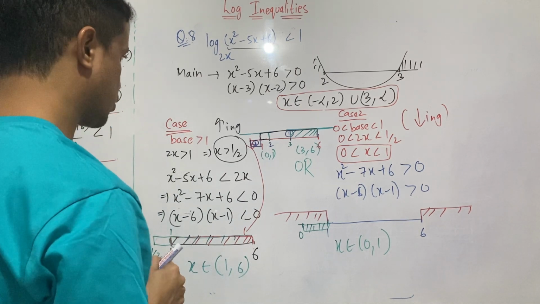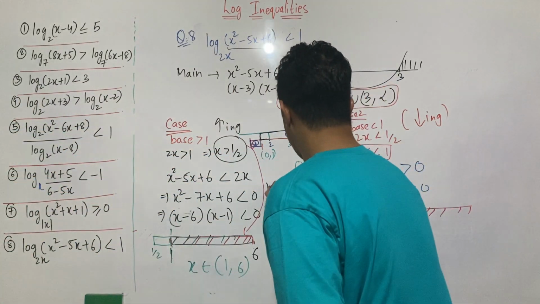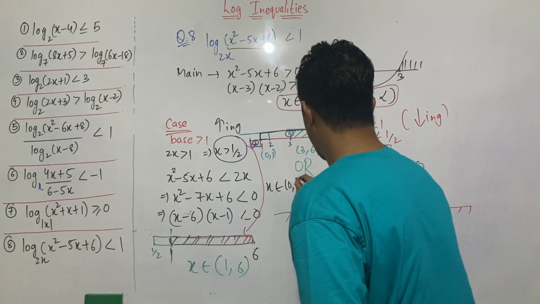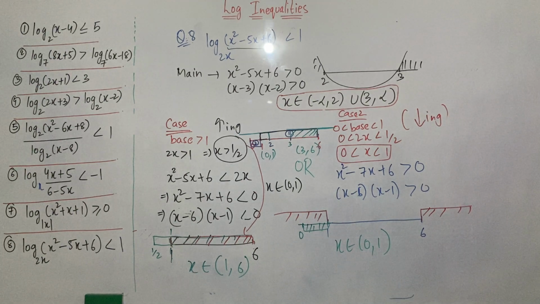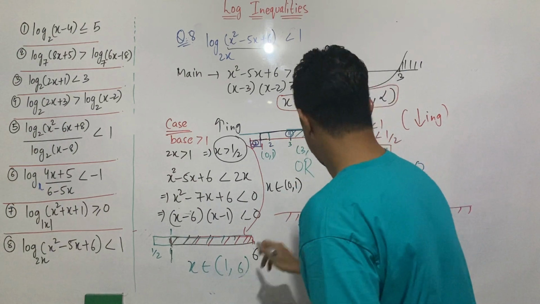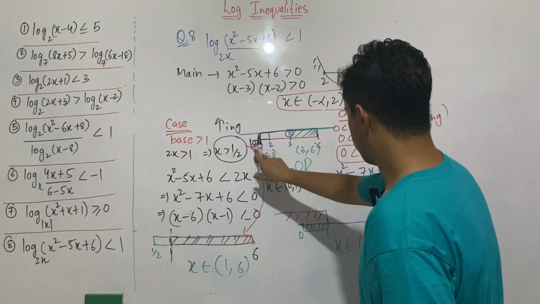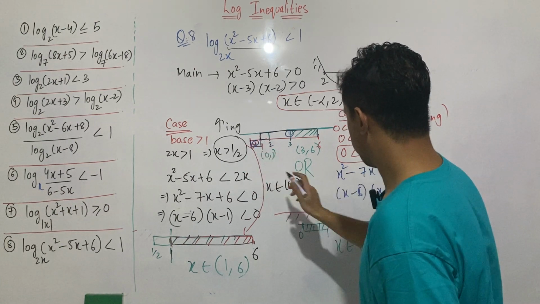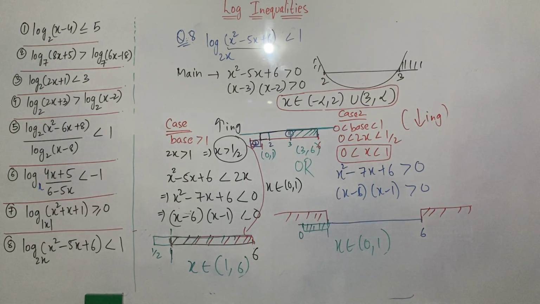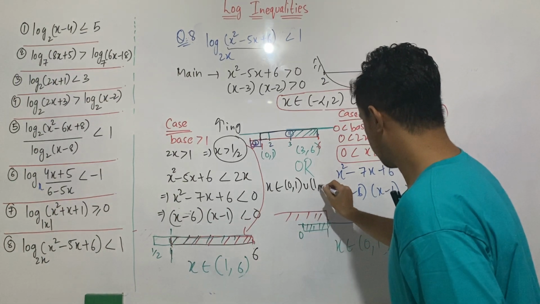So x belongs to 0 to 1, first write it down: 0 to 1 union 1 to 6.